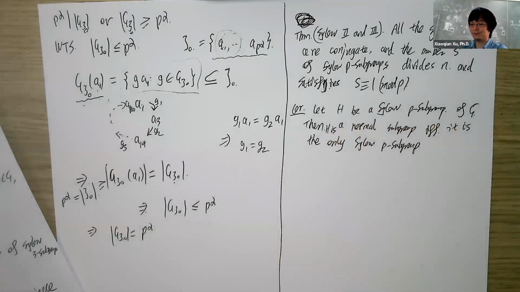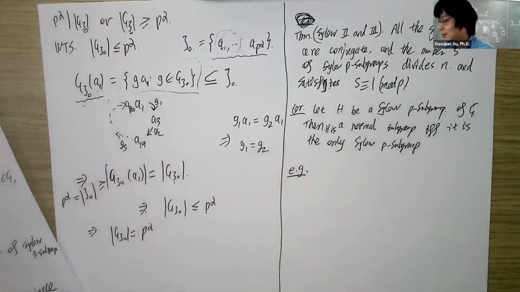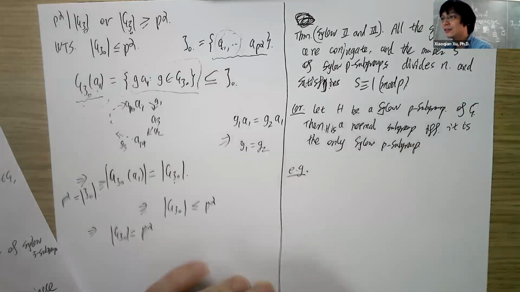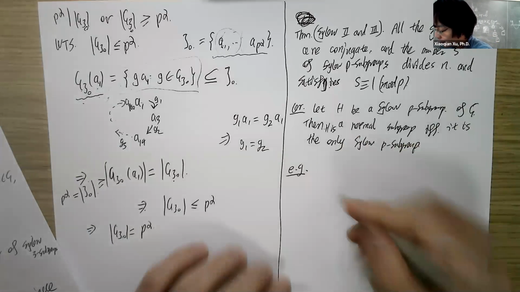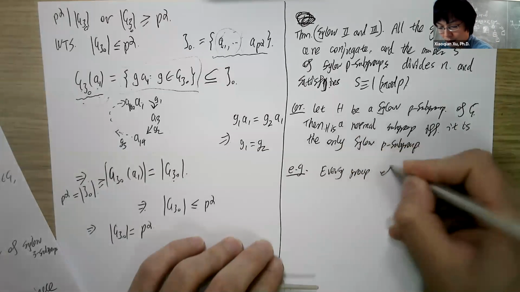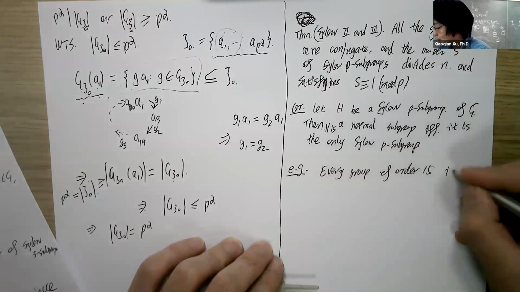Let me show you why this kind of theorem sounds very magical, but it's also useful. For instance, based on this theorem, we can show that every group of order 15 is cyclic.